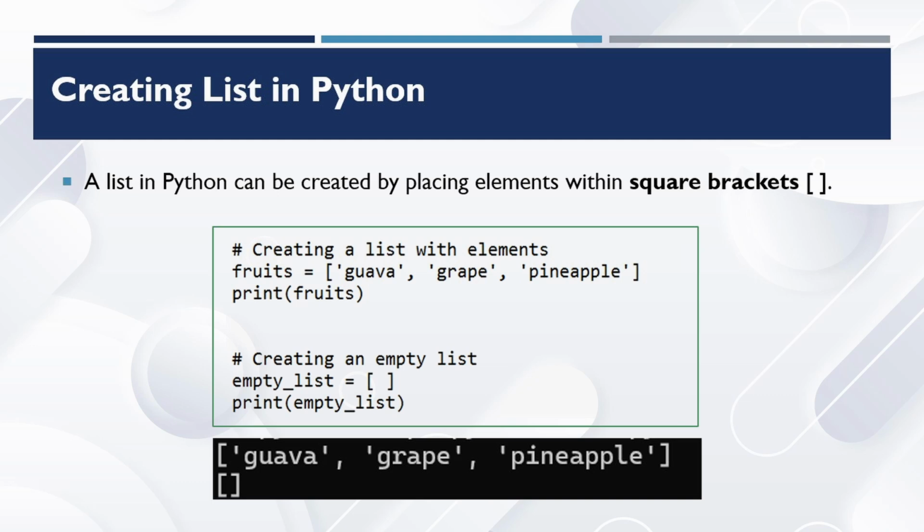Here we create a list called fruits containing 3 string elements: guava, grape and pineapple. Printing it always displays all the items. Similarly, an empty list is created using the square brackets. The empty list is initialized but has no items yet.